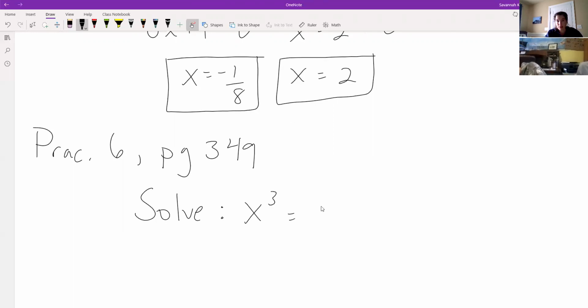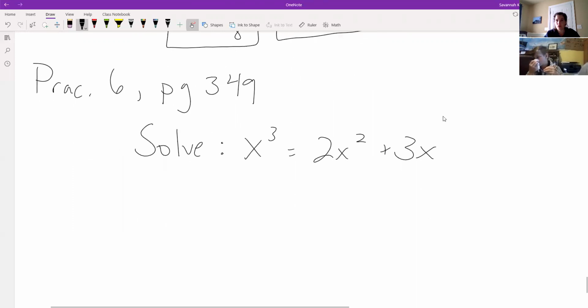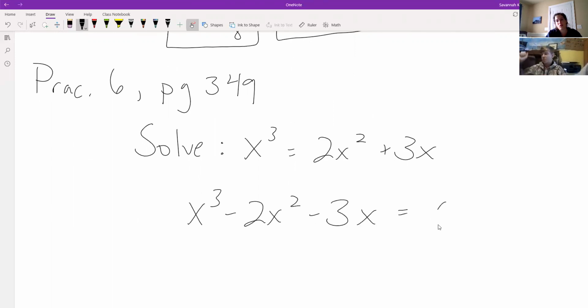Let's say we've got this. Okay, so similar to what we've been doing, if I want to create that 0, I'm going to have to subtract 2x squared and 3x. Like that.